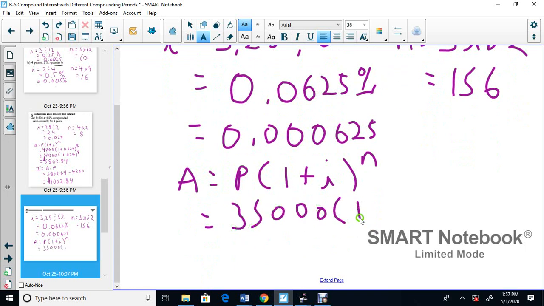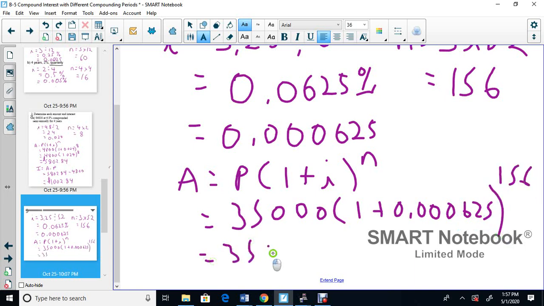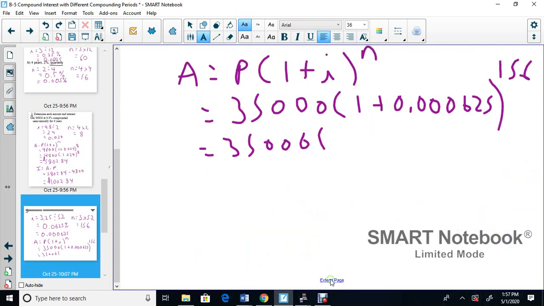35000 times (1 plus 0.0000625) to the power of 156. So that's like 35000 times 1.0000625 to the 156. Let's extend this page. Sorry about that weird looking zero here.